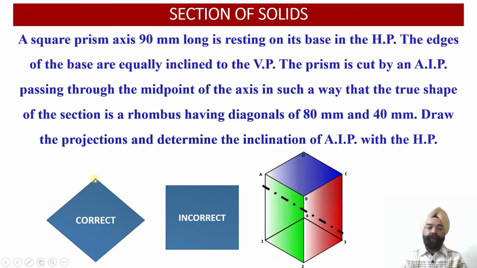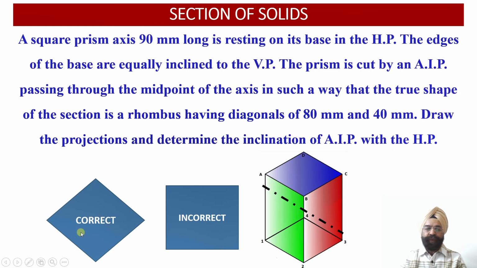Rather, we have been provided with the distance between these 2 points over here, which will appear as the minor diagonal of the rhombus, available in the auxiliary plane projections obtained on the AIP drawn parallel to this cutting plane. So these 2 points on the minor diagonal are separated by a distance equal to 40 millimeter.